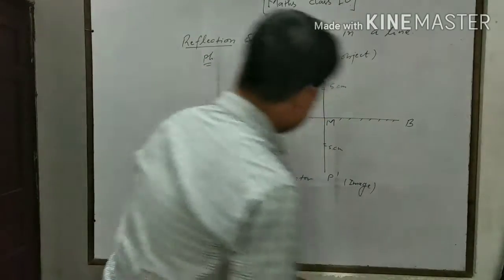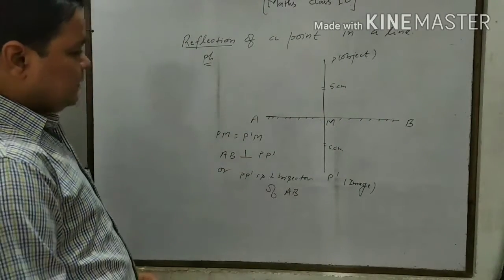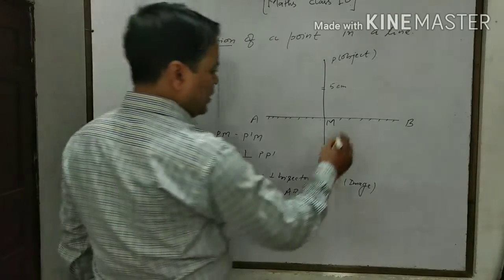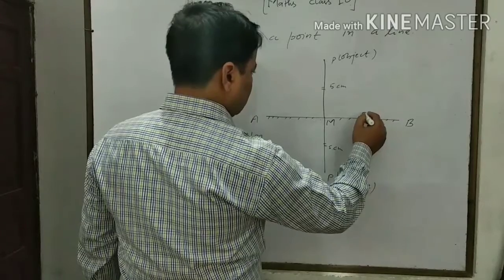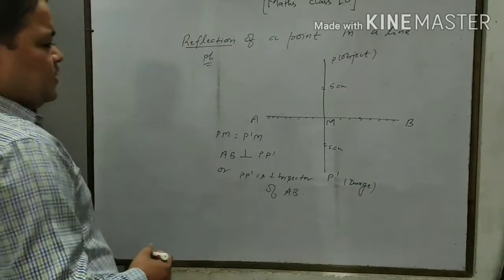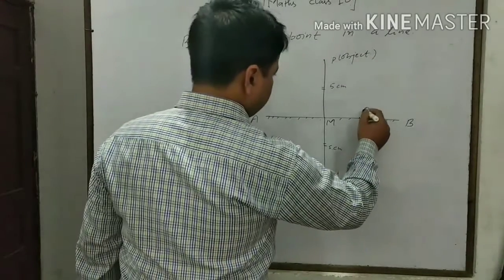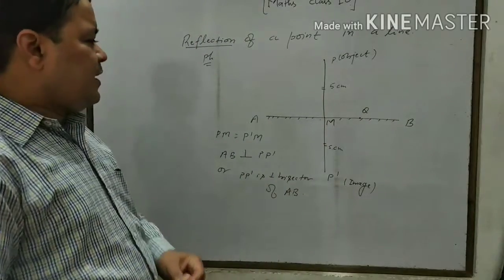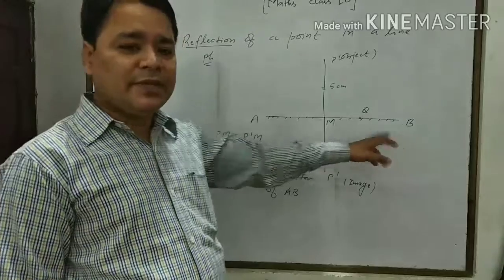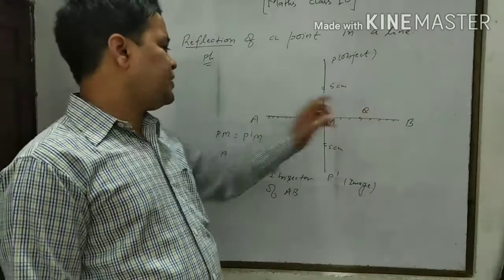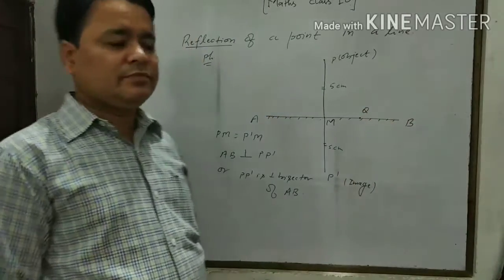Now, if we take any point Q, and AB is a line, means mirror, and Q is a point on the mirror AB.